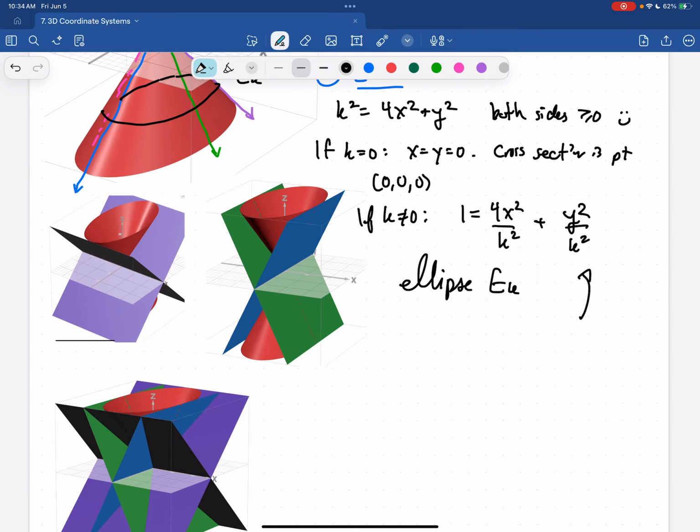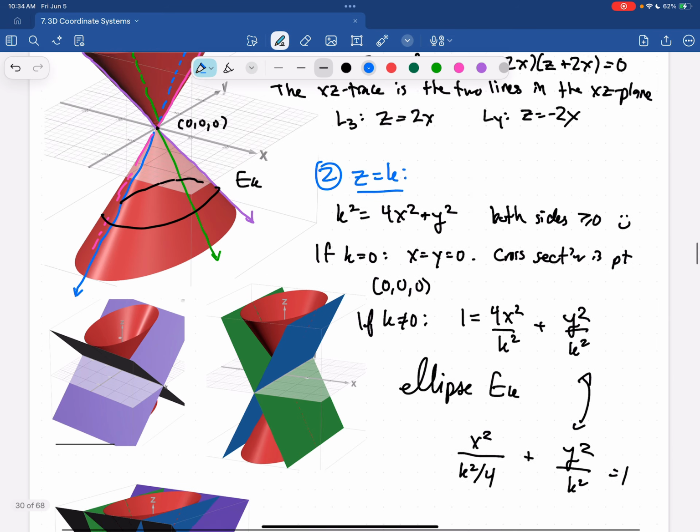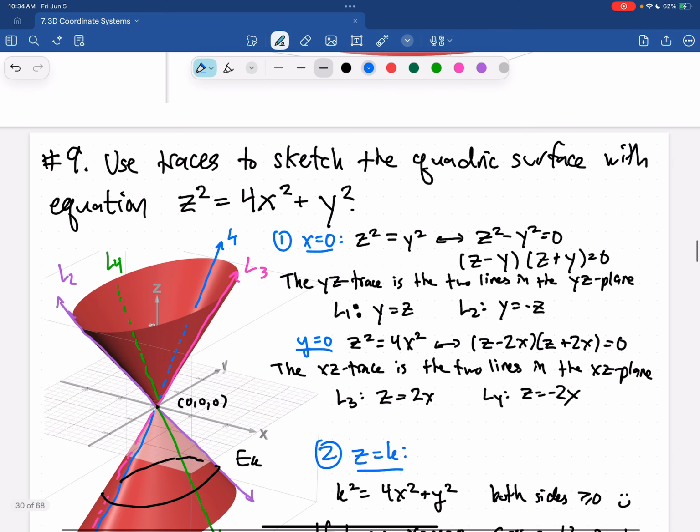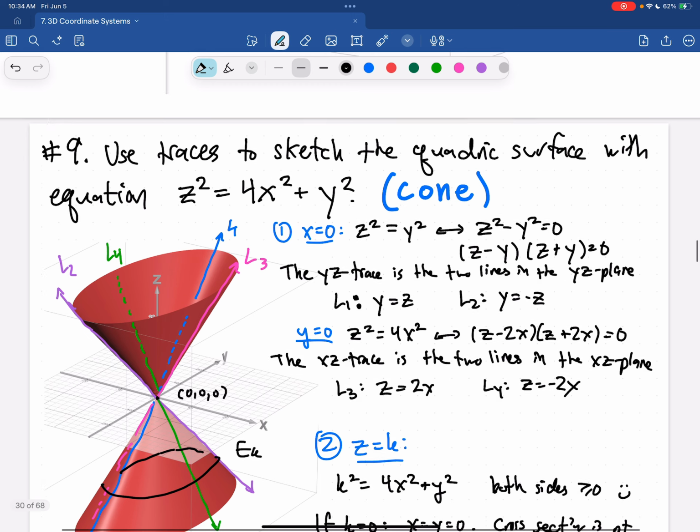You can also rewrite this equation to make it a bit more obvious: x squared over k squared over 4 plus y squared over k squared is equal to 1. So this is a cone. The fact that we've got lines holding it in makes it a cone.